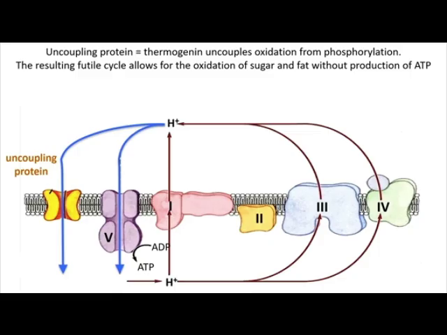The uncoupling protein has another name. Did you already listen to Dr. Zawada's talk about heat generation? Yes. And so what did he call the uncoupling protein? I don't know if he referred to it, but he talked about a protein that does this.